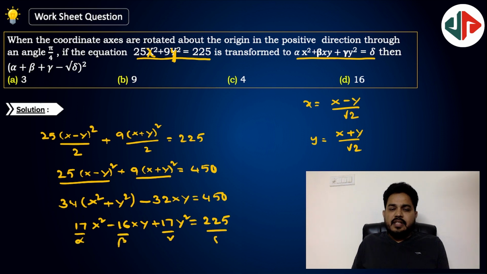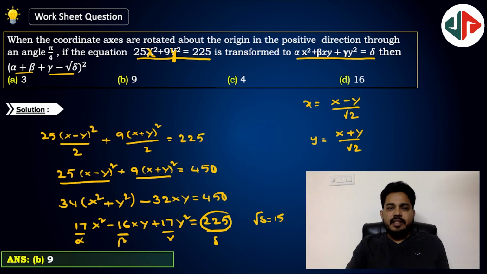So delta is 225, root delta is equal to 15. So you will be getting the answer as 17 minus 16 plus 17 minus 15. So from here you will get 1, from here 2, 3 whole square. 9 is the answer for this particular question.